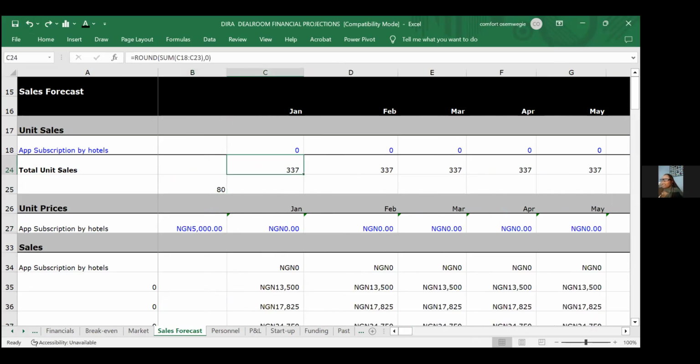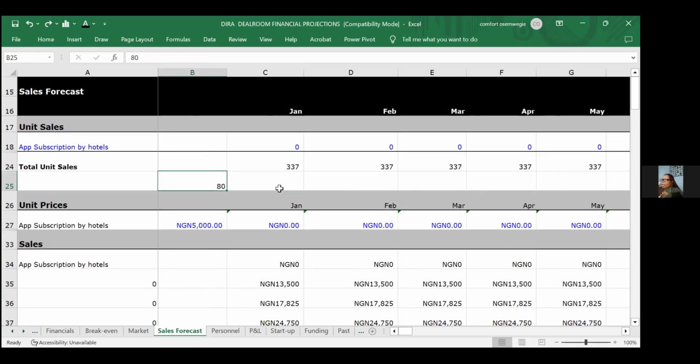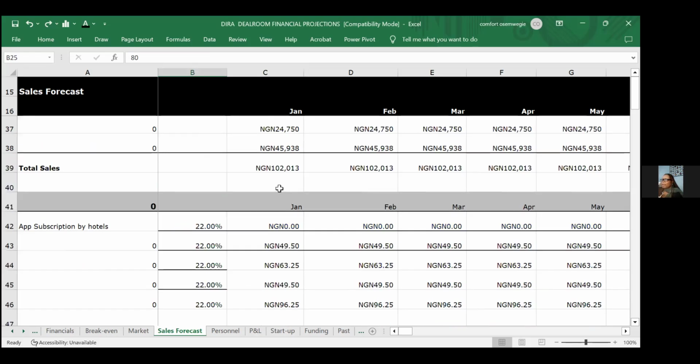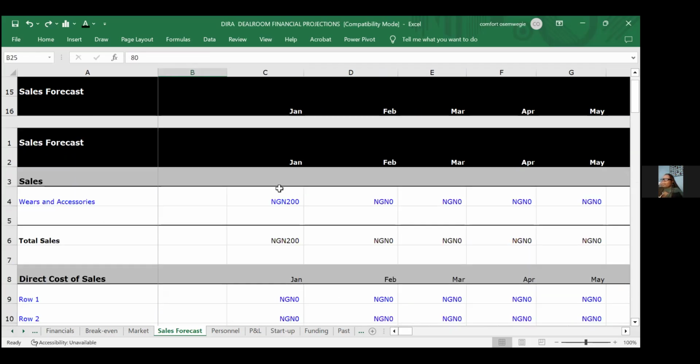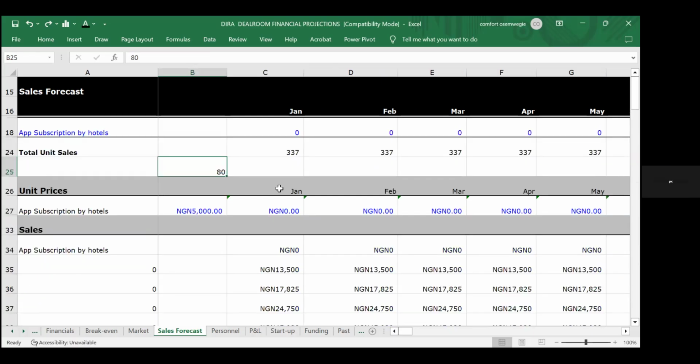Why is that total sales? It's not supposed to be. Okay, so there's an error on this sheet. You guys will allow me to send you another sheet because this sheet has a bit of error. Well, let me correct it here.